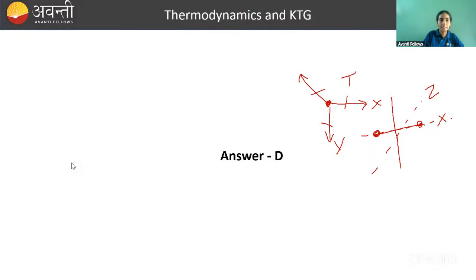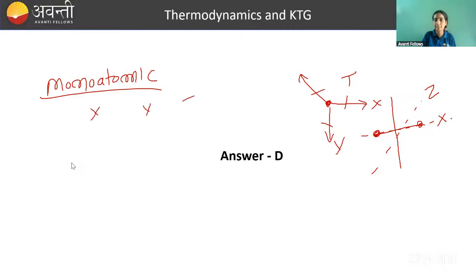ठीक है. तो मैंने ये बोला, if you are getting more confused, just remember one thing. If gas is monoatomic, then how much freedom it has? 3 freedom it has. ठीक है. So it has 3 freedom, it can move in X axis, Y axis, Z axis. And each degree of freedom has how much energy? For 1 mole it has half RT energy.